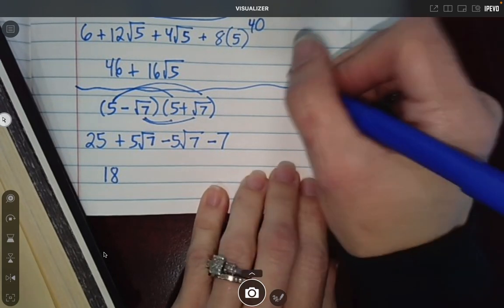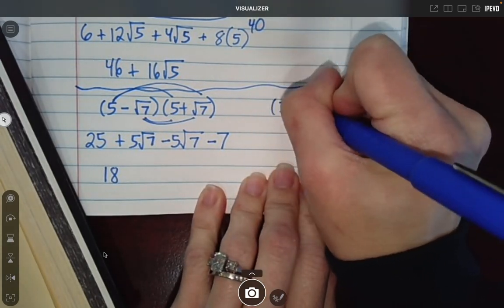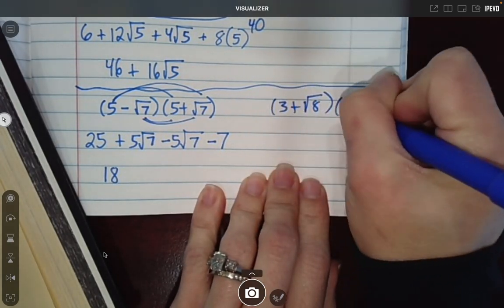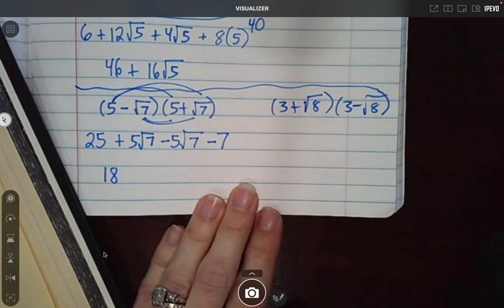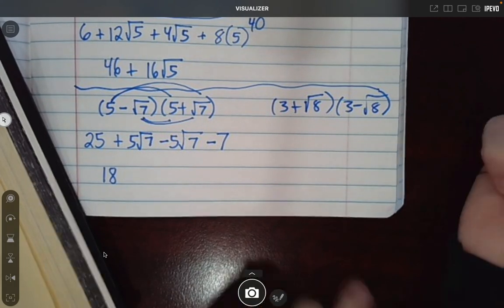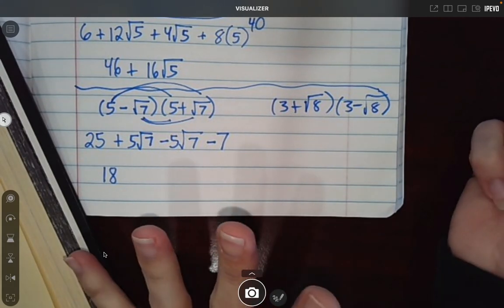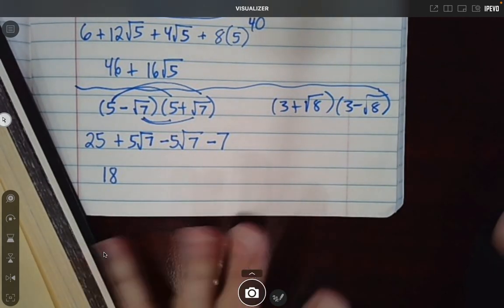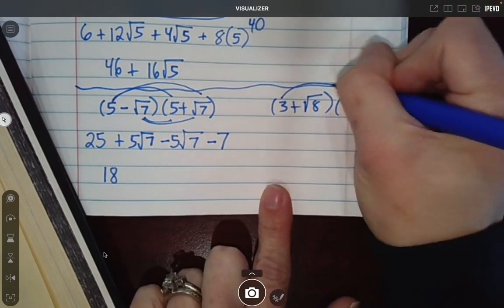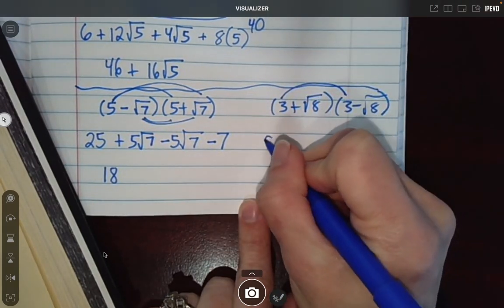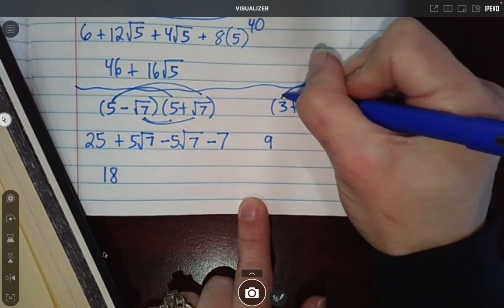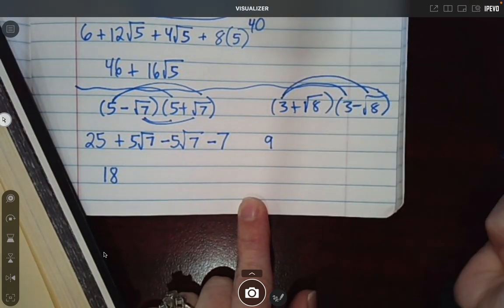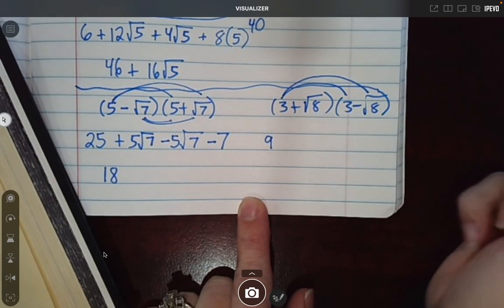If I have 3 plus square root of 8, 3 minus square root of 8. Okay, some of you could probably just jump to the answer. If you knew how to shortcut it, I'm fine with that. But I'm working the whole thing out, okay? So 3 times 3 is 9. And this is where some of you could just go to what the end is. 3 times negative square root of 8 is what?